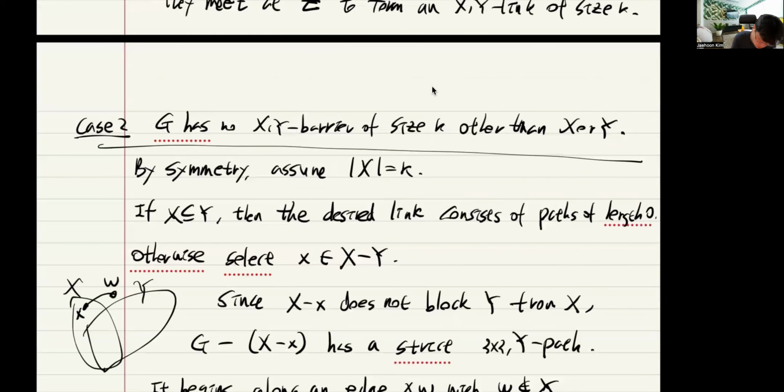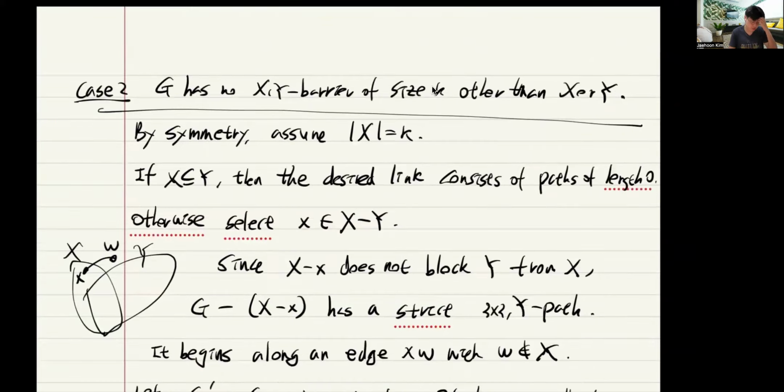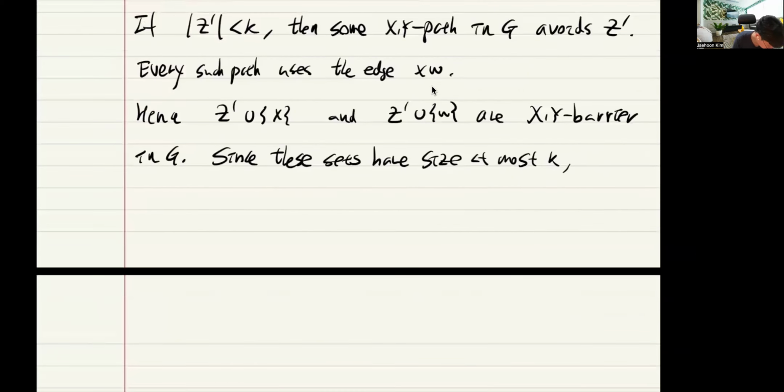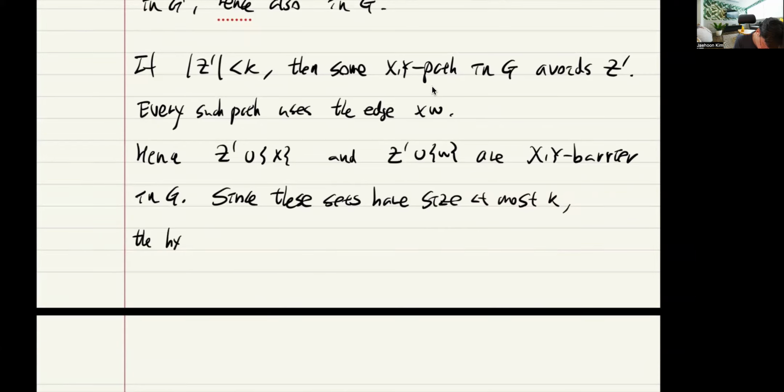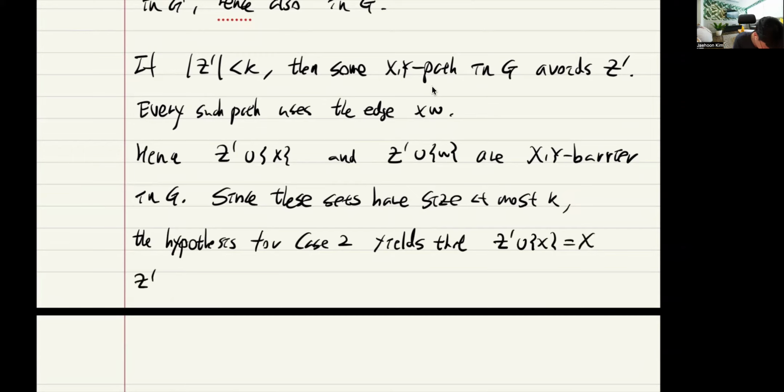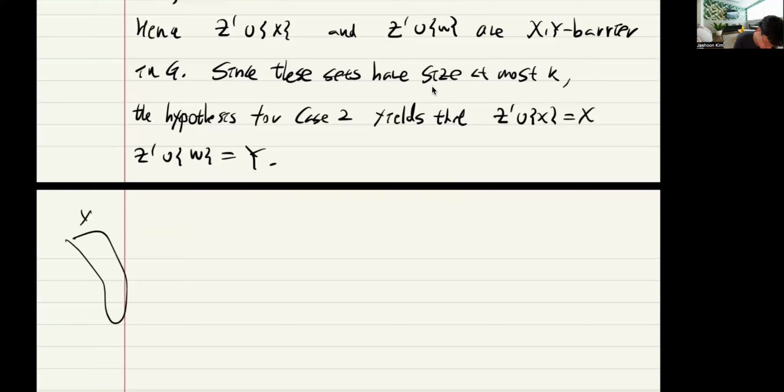Then we are in the second case. Such a barrier has to be X or Y. The hypothesis for case 2 is that G prime union with x is X, and G prime union with W is Y. That's the only possibility. So how does it look? X and Y, x, W, the edge xW, and then this.